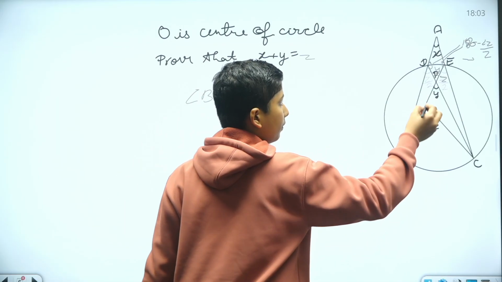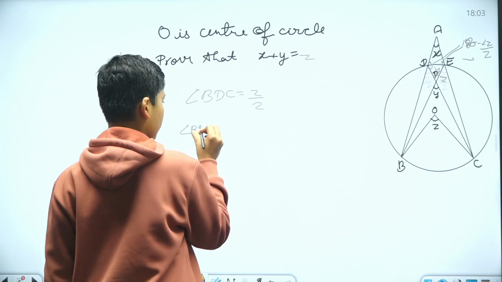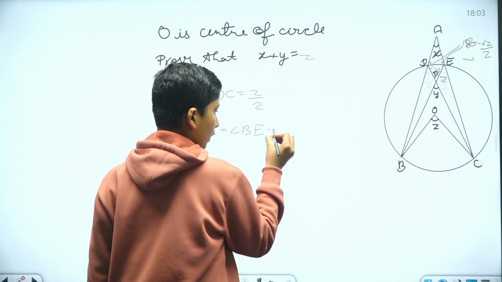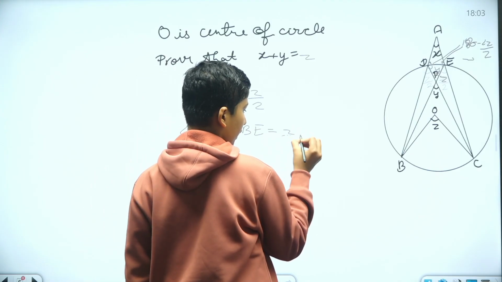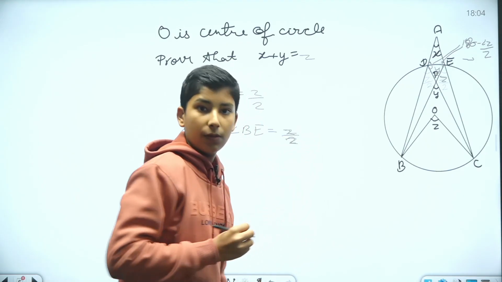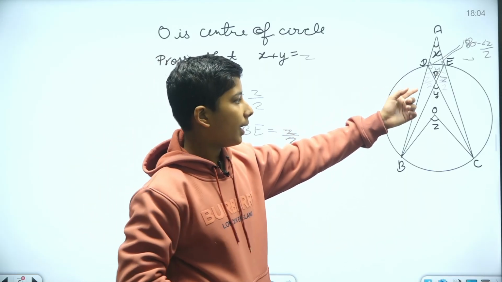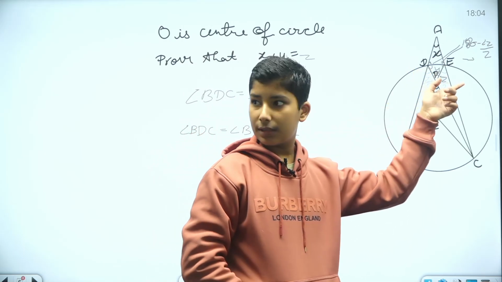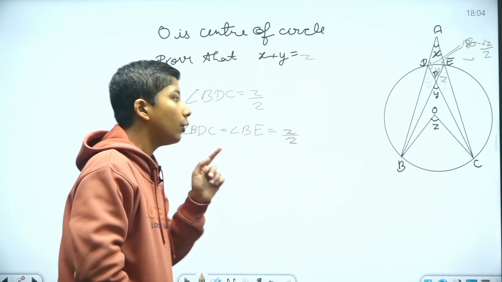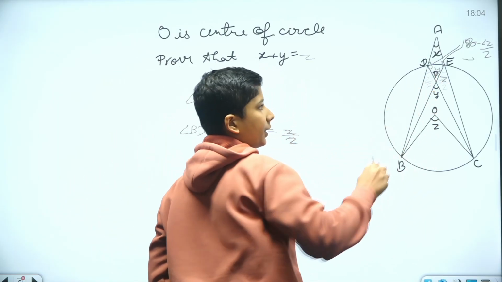And angle BDC equal to BEC equal to z by 2. Why z by 2? You know na, this angle z and this angle and this angle will be same because angles in same segment. Okay. Now this is z by 2. So this will be 180 minus z by 2.